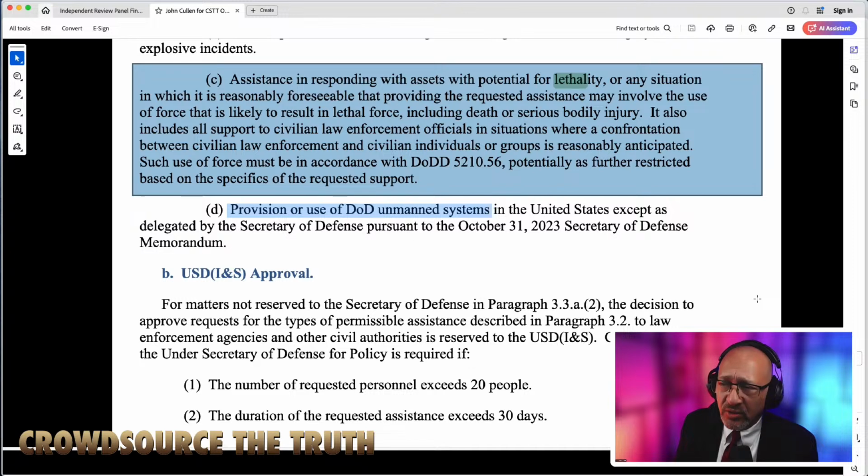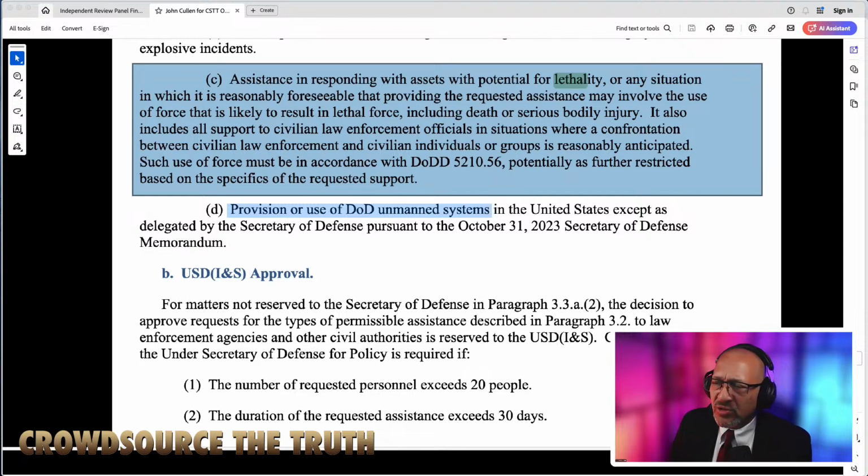It also includes all support to civilian law enforcement officials in situations where a confrontation between civilian law enforcement and civilian individuals or groups is reasonably anticipated. Such use of force must be in accordance with DODD 5210.56. Now, is that Posse Comitatus? I don't know. No.